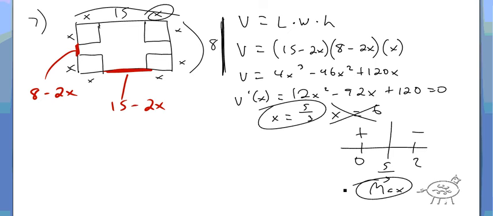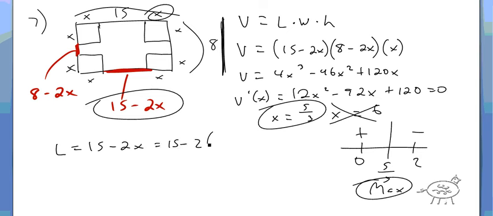Okay, and so I'm going to get my length then, because they ask you for the dimensions of the largest box. And so this length is 15 minus 2x, which is right there. So it's going to be 15 minus 2 times 5/3, which comes out to be 11 2/3 inches. And then the width is this distance right here.